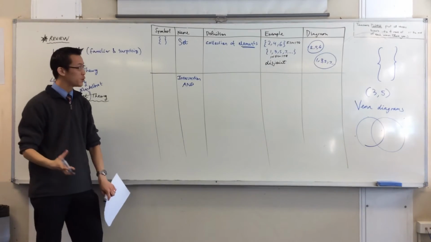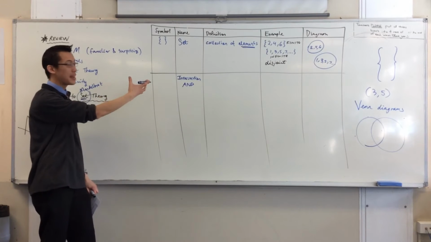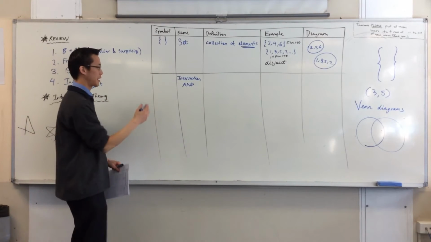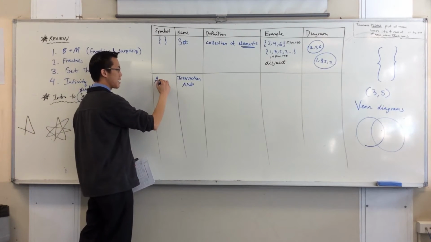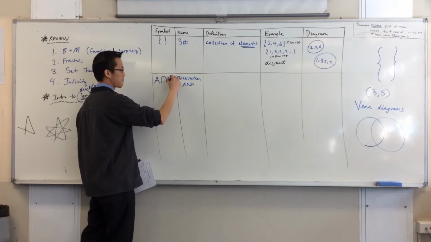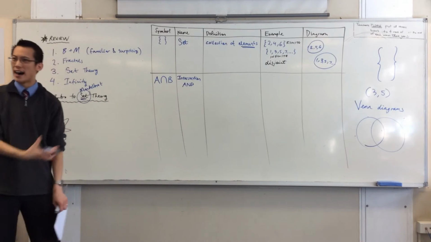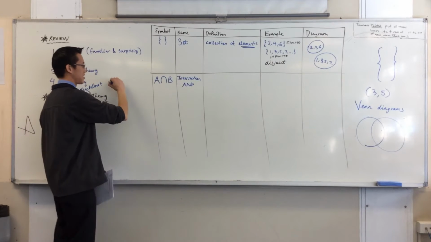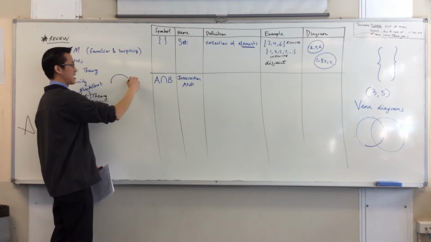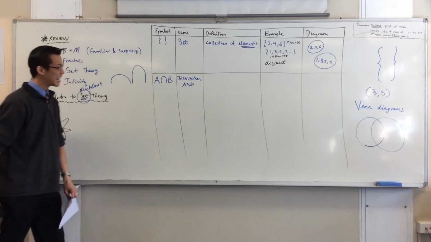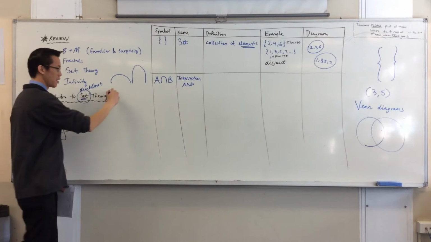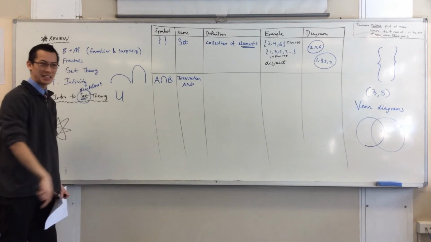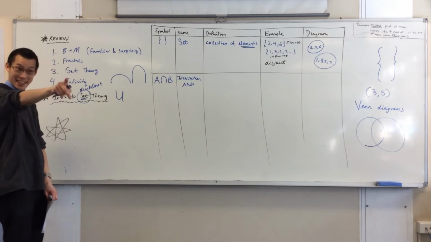And the symbol that we use for it, sets tend to be denoted by capital letters. So if I wrote this, A, and then I draw this arch kind of shape. It's not quite a semicircle, it's kind of taller than that. It's like an upside down U without the tail bit.